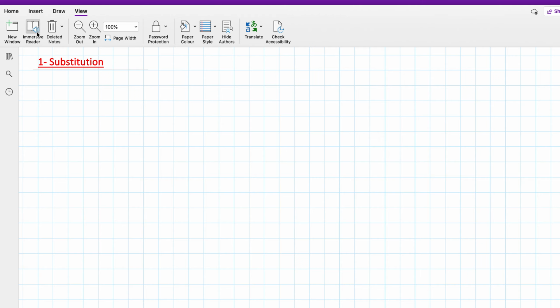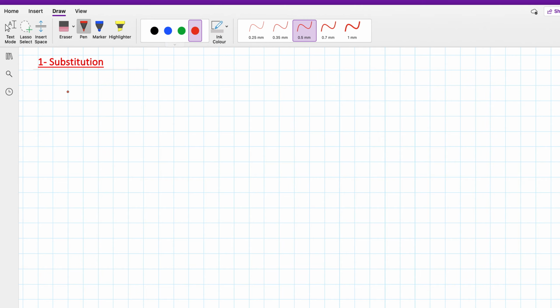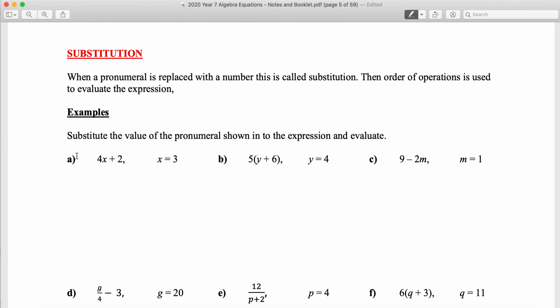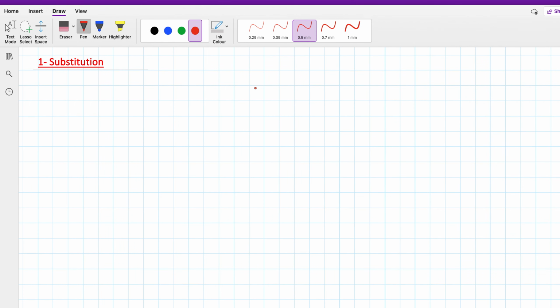Girls were not setting up their work correctly. So every time that we're working on algebra, we're working downwards. Actually, I recommend that every time you're working in maths, always work downwards. I know that in primary school, sometimes they taught you to work to the side, but it's good practice to get used to working downwards.